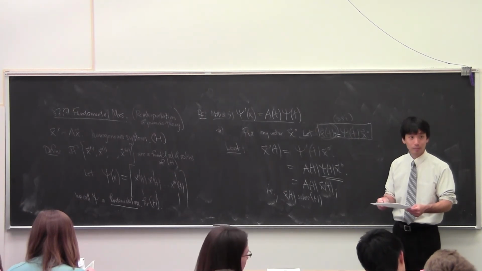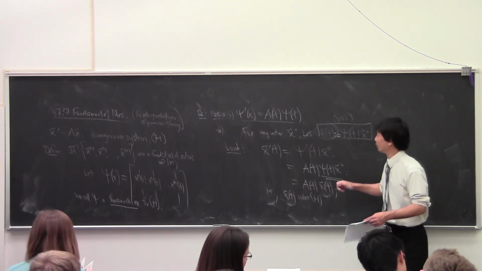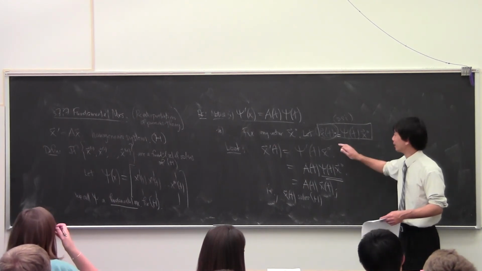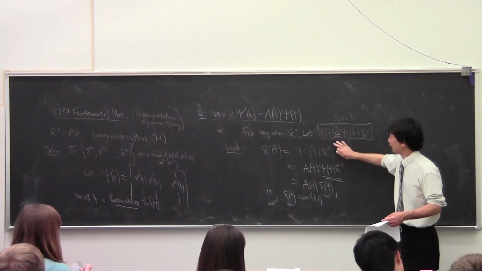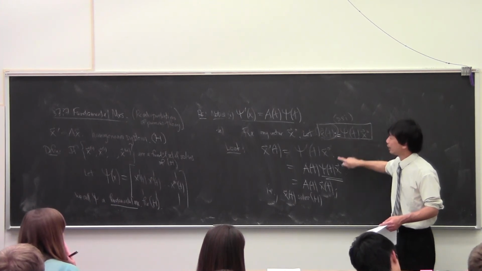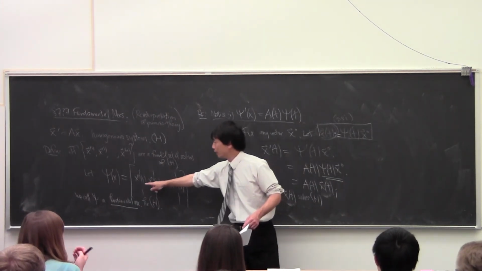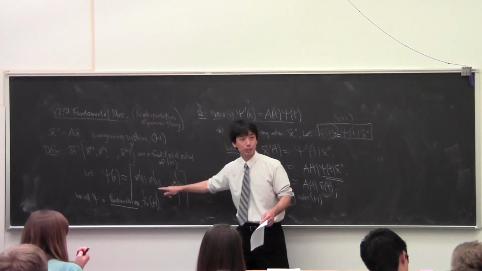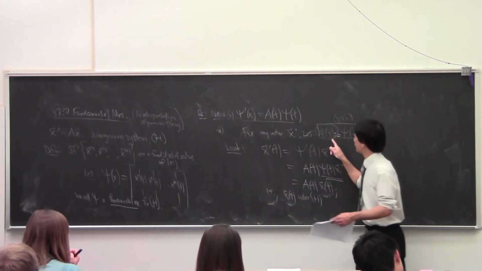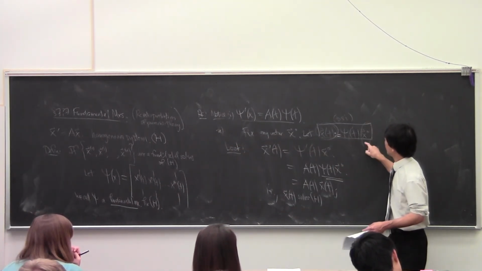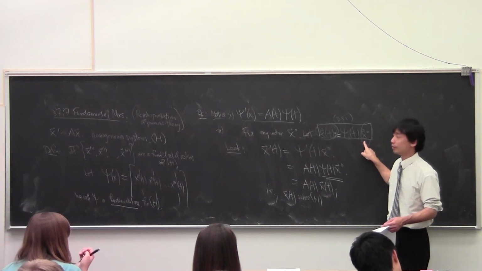Can you repeat that one more time? Yes. So Blake is pointing out correctly that all we're saying here is that if you take a bunch of solutions and then take any linear combination of them, right?